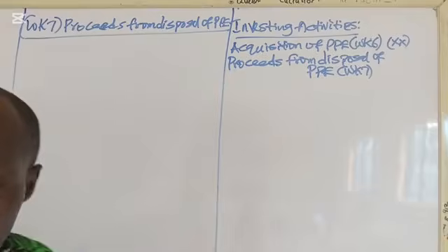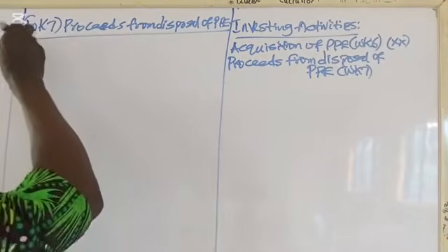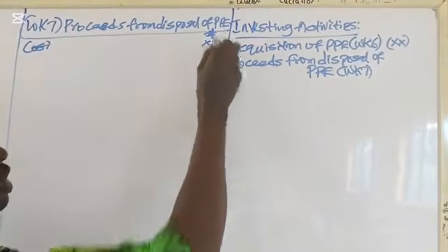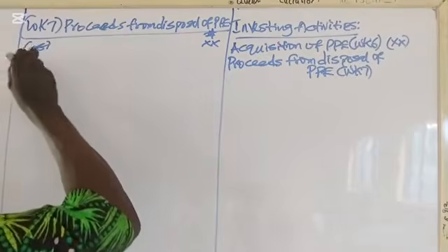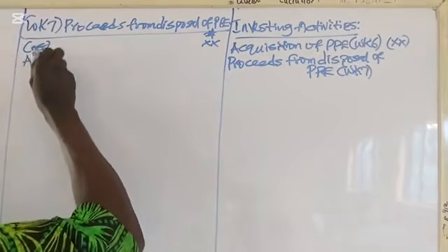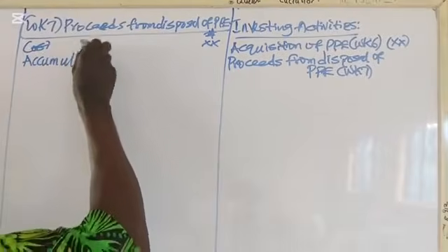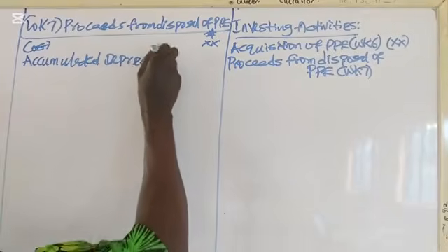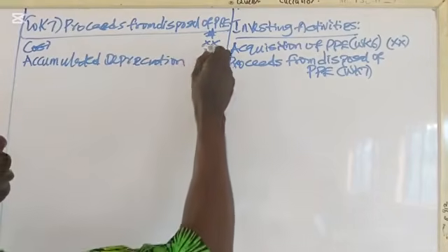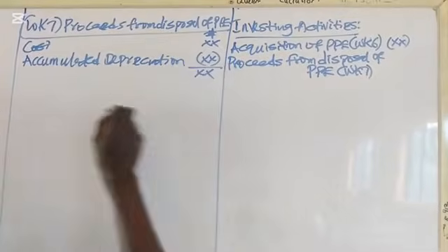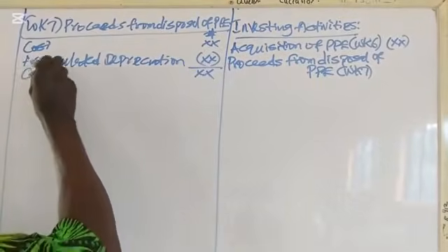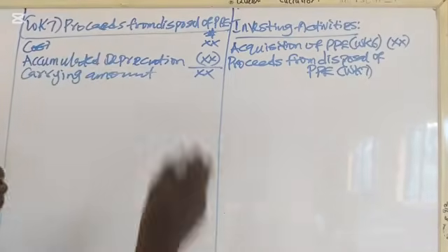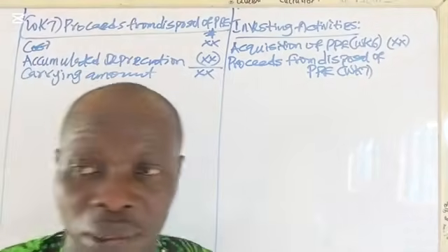Where there is disposal of PPE, you will be given the cost of the PPE disposed. You take the cost, less accumulated depreciation of the PPE disposed. If you subtract that, you arrive at the carrying amount.